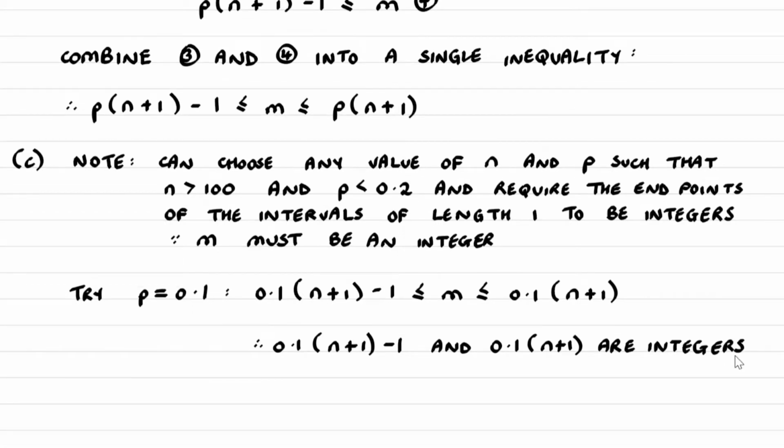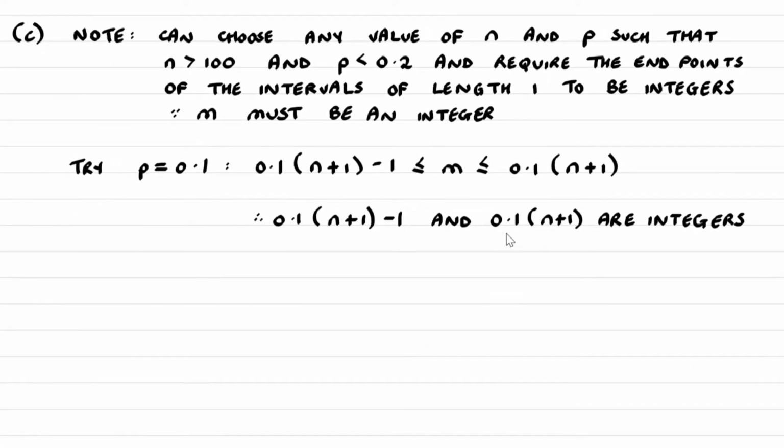Now if I think about it, I've got 1/10 of a number which I want to be an integer, and I want n to be greater than 100. Well, can I have n equaling 101? Well, I can't, because 0.1 times 102 won't give an integer.